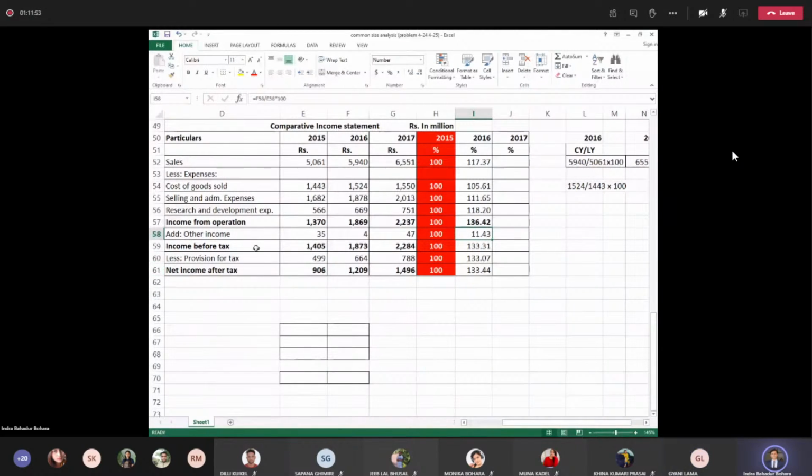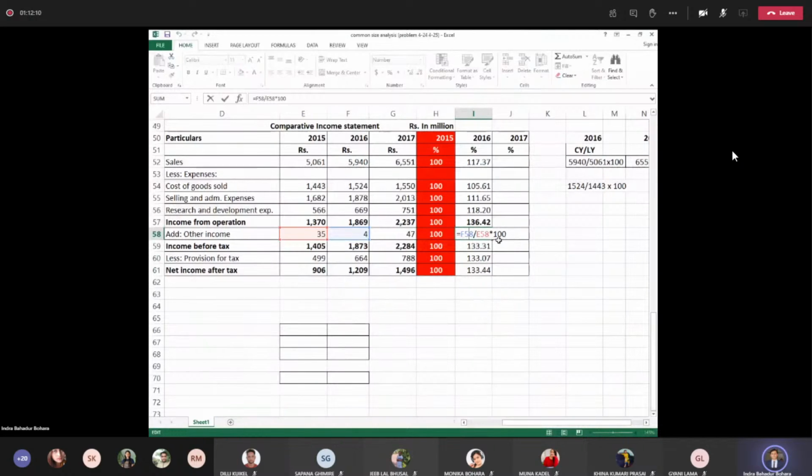And similarly, income before tax, you calculate, and similarly provision for tax 664 divided by 499, it is 133. So it is increased and it is decreased.